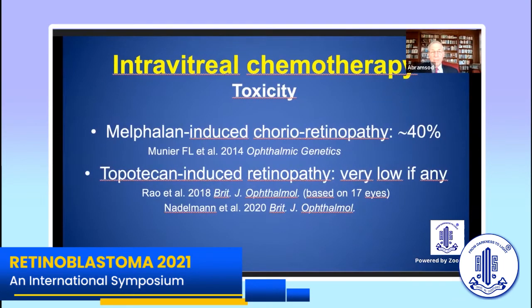Now, in terms of toxicity, we have to acknowledge that melphalan is associated with a choroidal toxicity in nearly 40% of the cases, whereas topotecan apparently has a very low toxicity, if any, and this has been also presented by Rao in his paper in 2018, and also by the New York group in 2020.